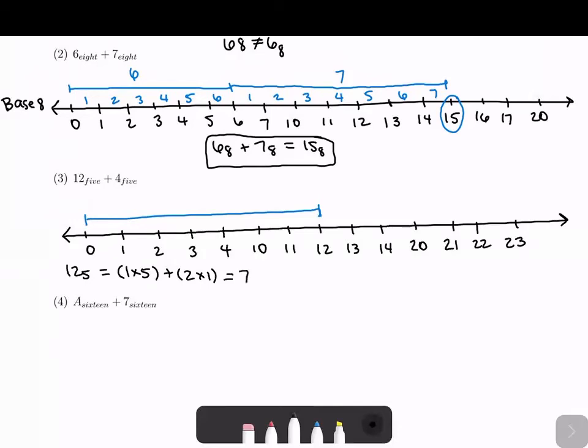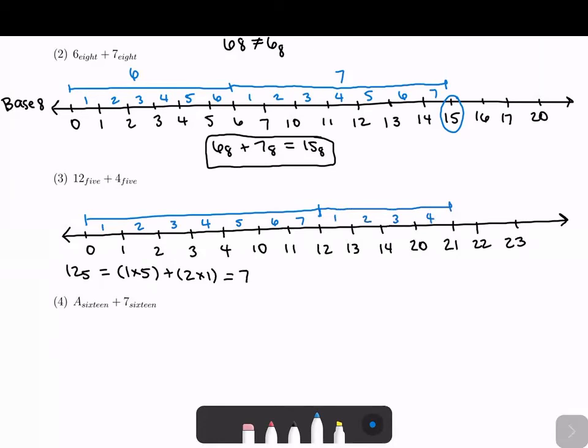So we go over 7 units here on our number line, and I'm just going to verify that again. So we go over 7 units to 1, 2 base 5. Okay, you've got to be careful on that. So now we're going to go over 4 units because 4 in base 5 is equal to 4 in base 10. So we're going to go over another 4 units. 1, 2, 3, 4.